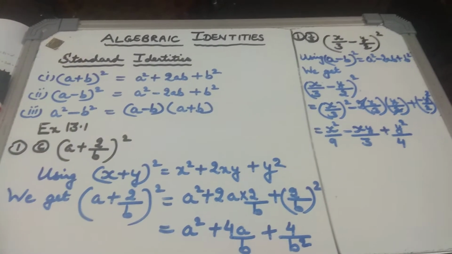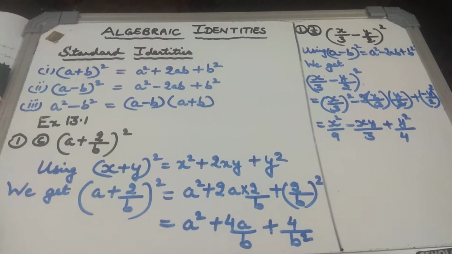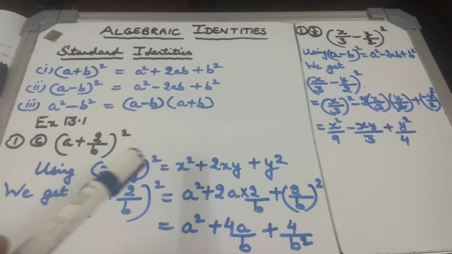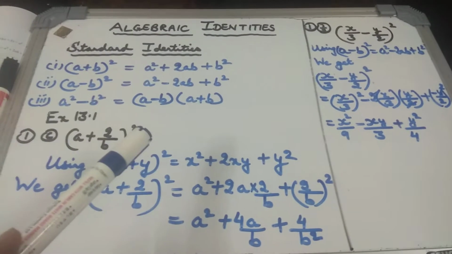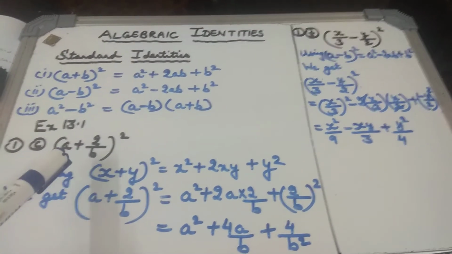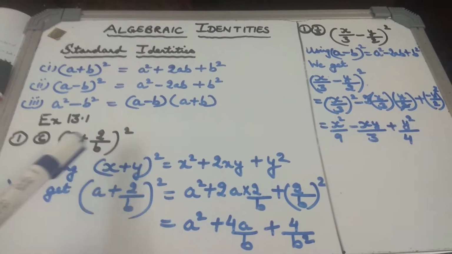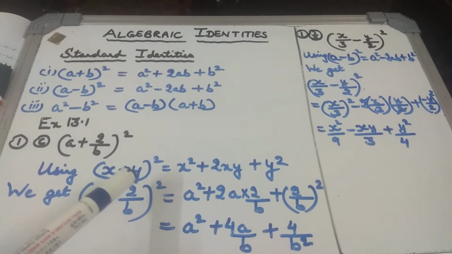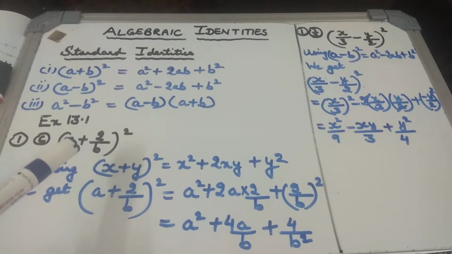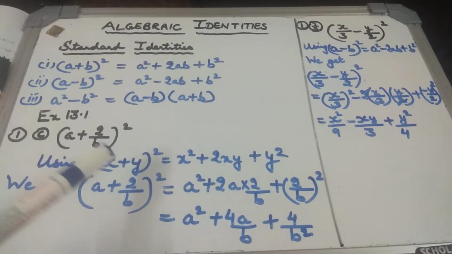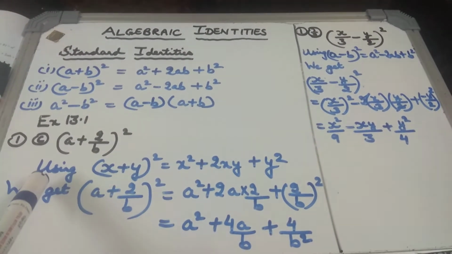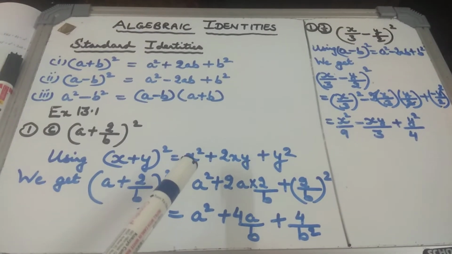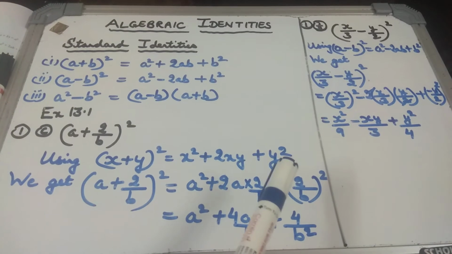Now I am starting with exercise 13.1. Question number 1a: (a plus 2 upon b) whole square. Looking at the question, it strikes you that this is the (a plus b) whole square formula. Here I am not writing a and b again, because a and b also occur in the question, so you might get confused. Therefore, I have taken (x plus y) whole square equals x square plus 2xy plus y square.